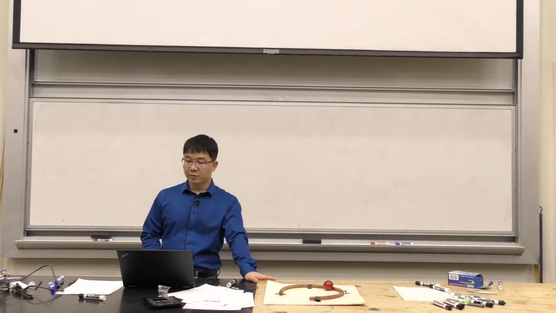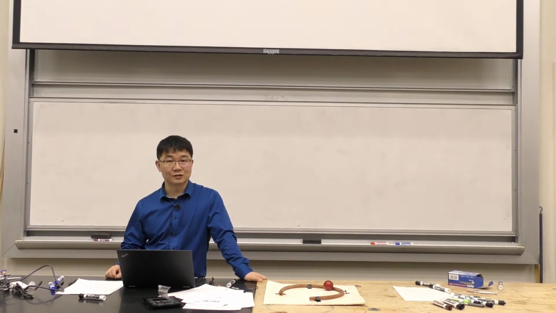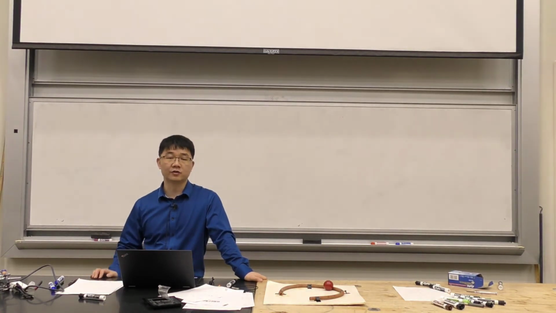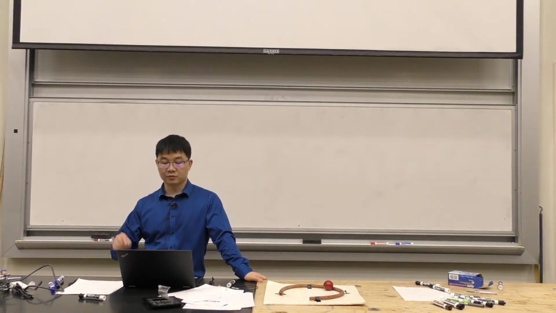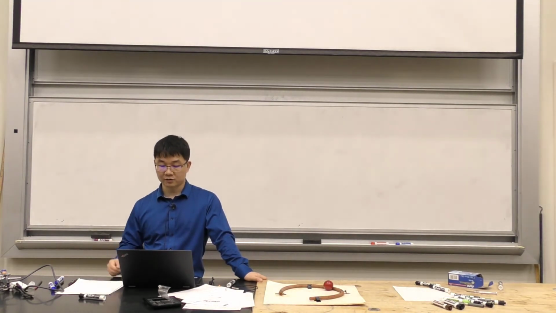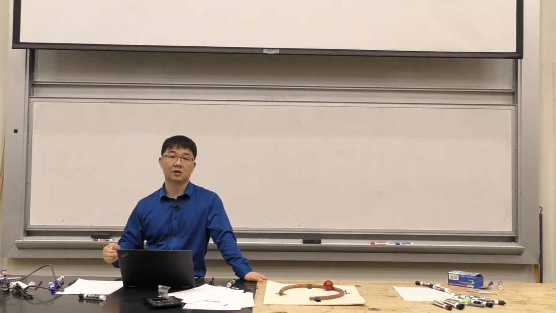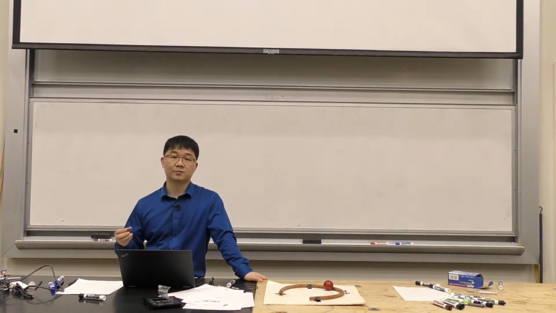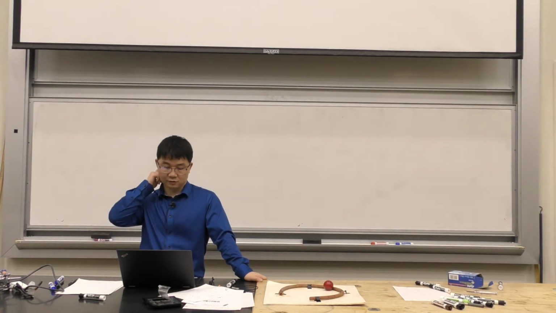But if the net force on this object is 0, there may still be 4, 5, 6, or even 100 forces on this object when it's moving. But if the net force is 0, this object will still remain at rest or continue to move with a constant velocity, okay? So at rest is just a special case of constant velocity, right? 0 is also constant, okay?